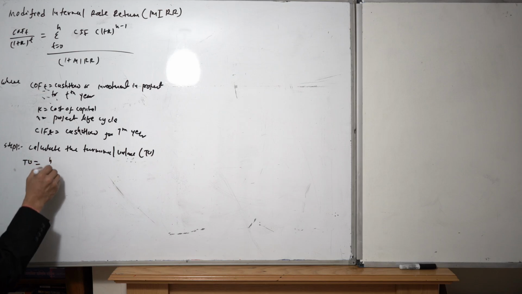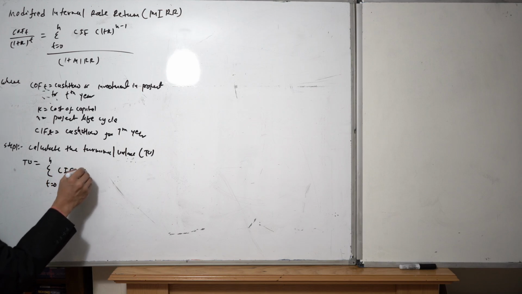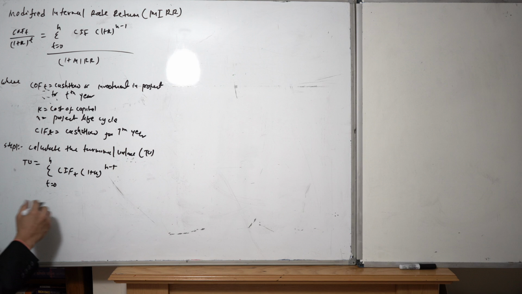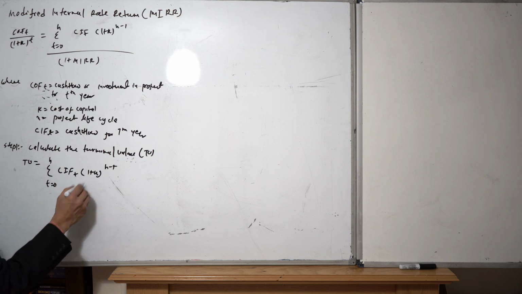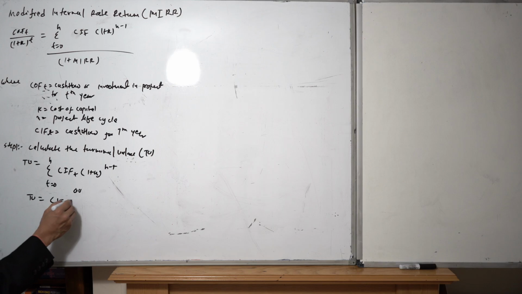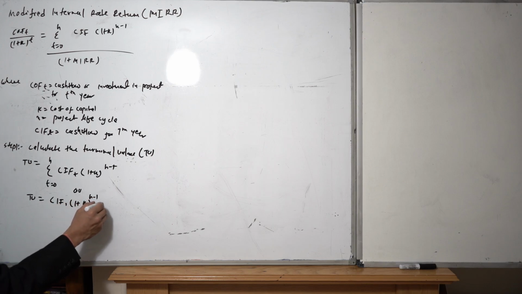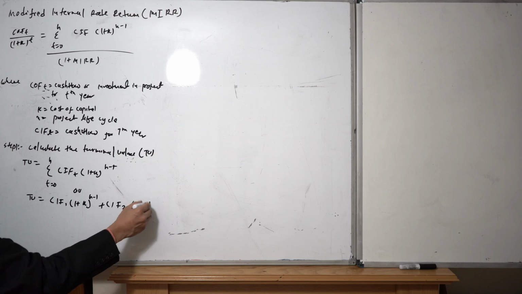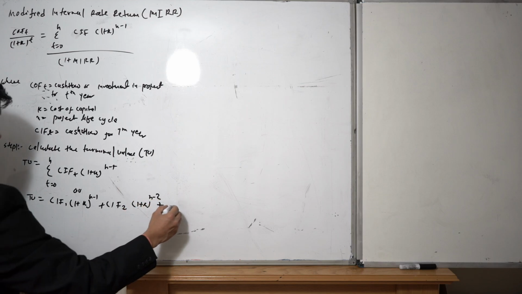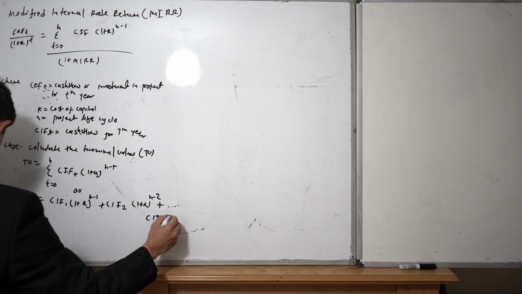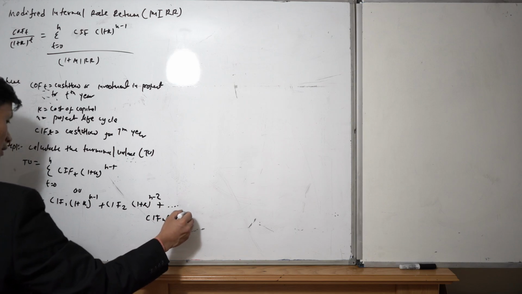We get TV as summation t equal to 0 to n of CIF t times 1 plus k power n minus t, or this equation can be expressed as TV is equal to CIF 1 times 1 plus k power n minus 1, plus CIF 2 times 1 plus k power n minus 2, plus up to CIF n times 1 plus k power n minus n.